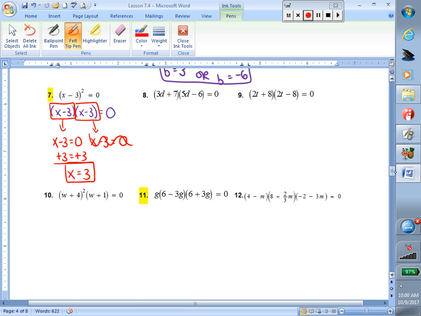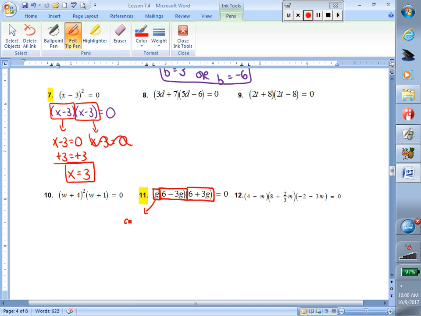I just want to show you number 11 because now in number 11, we're multiplying 3 things together. And that's okay. If I'm multiplying 3 numbers together or 4 numbers, as long as one of them is 0, the whole product is 0. So the end result will be 0. So the 3 things I'm multiplying together, I'm just kind of highlighting those right now for you.